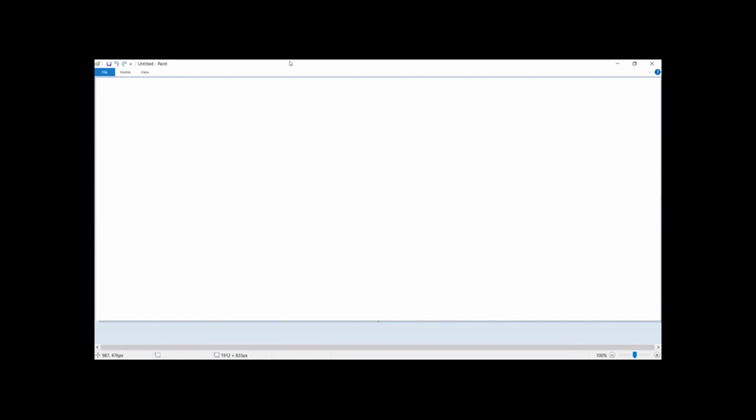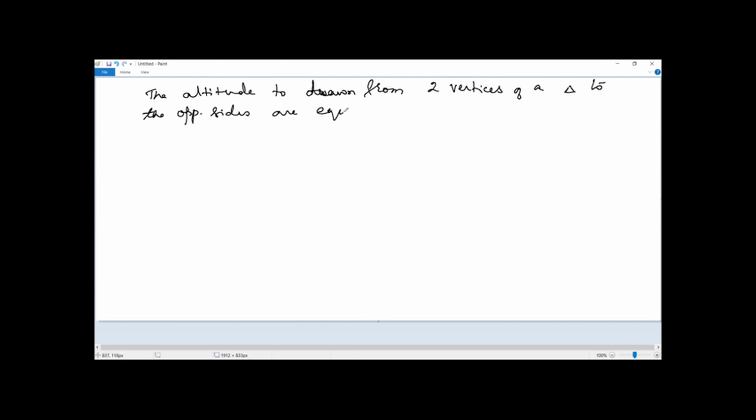Here, the altitudes drawn from two vertices of a triangle to the opposite sides are equal. Prove that the triangle is isosceles.